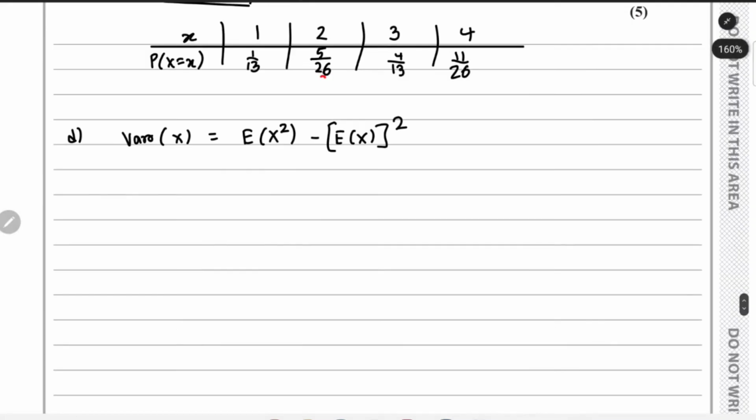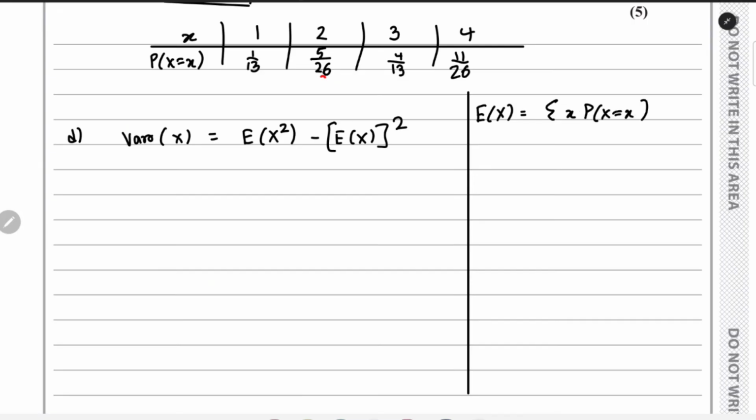Okay. So using the table we can find E of x, which would be x times the probability of x equals x. This is the actual formula. This term basically means the sum of the products of these things.